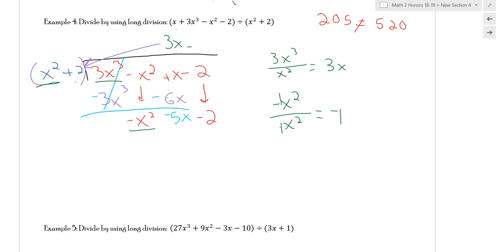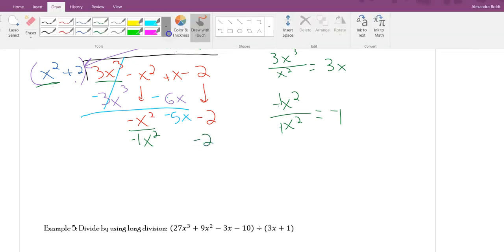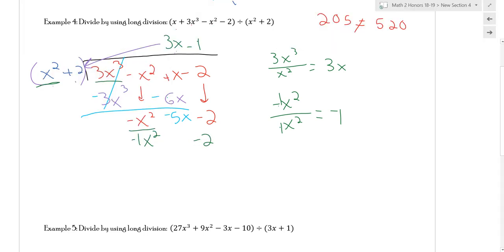Okay, so that's minus 1. 1 times x squared is negative 1x squared. Negative 1 times 2 is negative 2. In our subtraction step, we're changing our signs, canceling. Negative 5x, negative 2 plus 2 cancels. Okay, so I guess I already kind of brought that down. I kind of just did it in order.